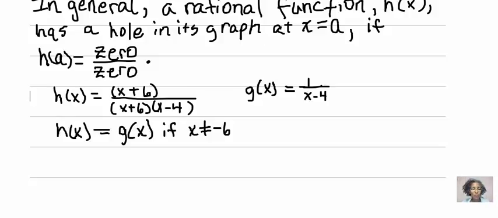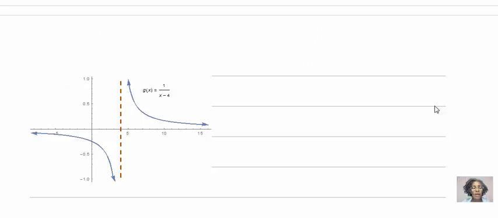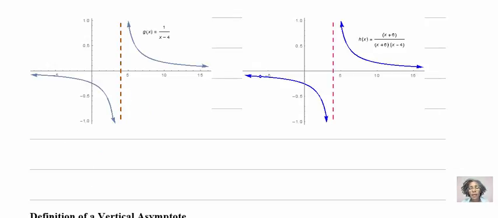So I want to show you what this looks like, how these two functions are related. Let's take a look at a graph of these two functions. So here's the graph of the function g of x, which was 1 over x minus 4. Now here's a look at h of x, which was in factored form x plus 6 over x plus 6 times x minus 4.